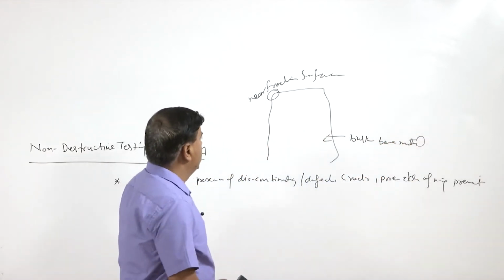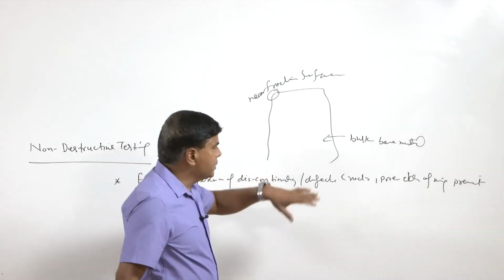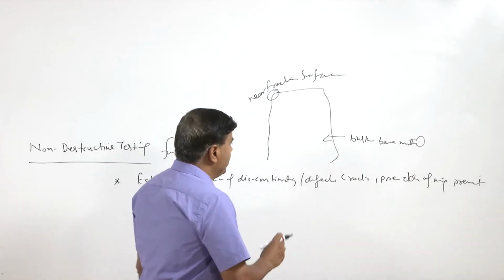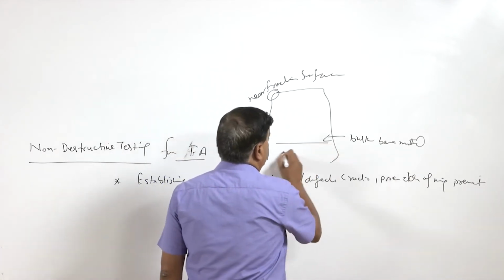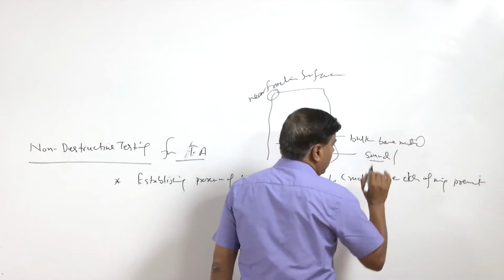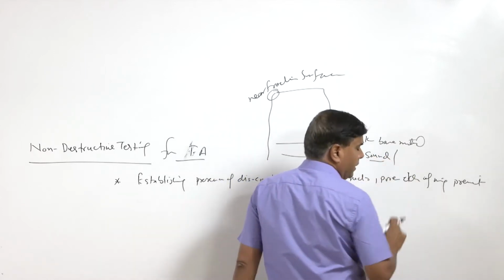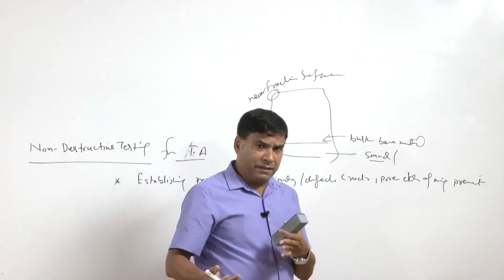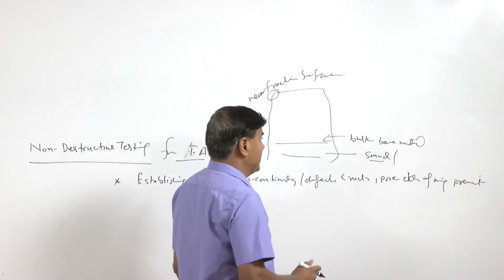This will be done for two different purposes. The NDT of the bulk material will help us see whether the material is sound or not, or whether it has inherent discontinuities due to the use of imperfect base metal itself.